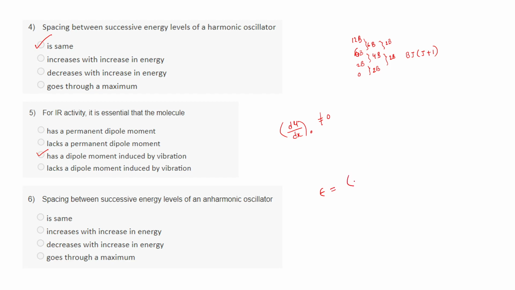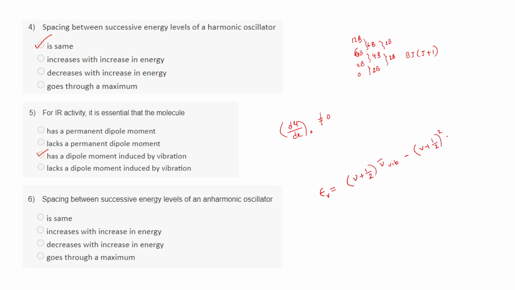It would be v plus half, E v, plus or minus? What do you think? Minus, right? Minus mu bar vibrational, so square of that.